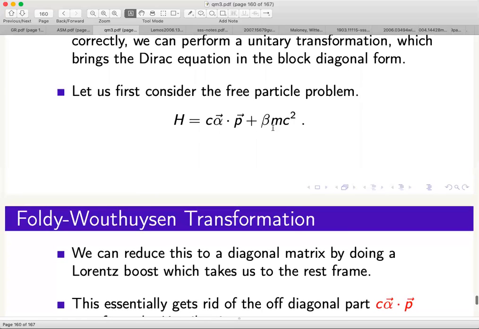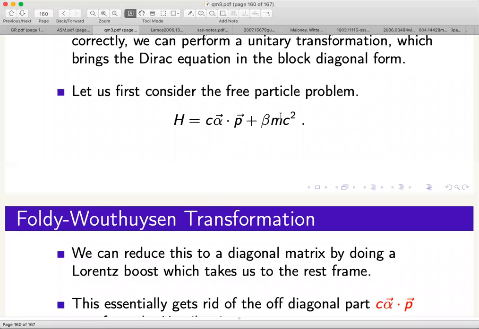Okay, this Hamiltonian corresponds to a statement that when you act on a particular wave function, if p gives you a non-zero answer, then that particle is moving with certain momentum p, and therefore it is not at rest. And there is a contribution from the momentum, and then there is a rest energy contribution coming from mc squared.